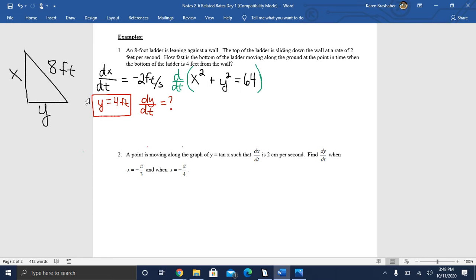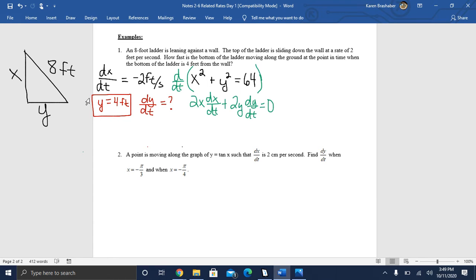So for example, x squared would be 2x dx dt. And then plus, I'll have a y squared. That's 2y dy dt. And then I can do the derivative of my constant, and that is 0.